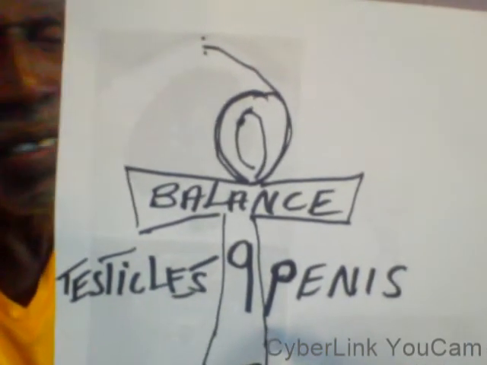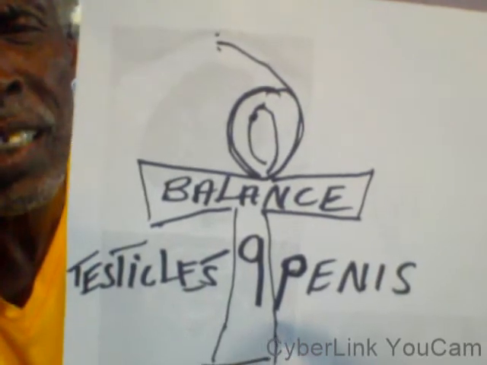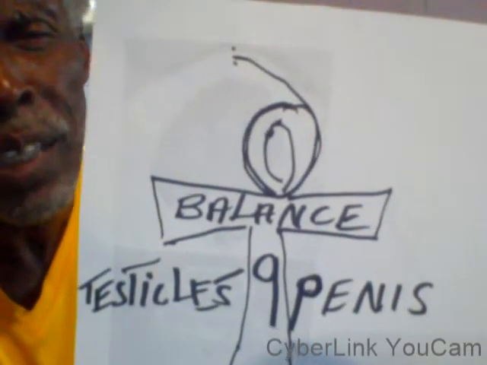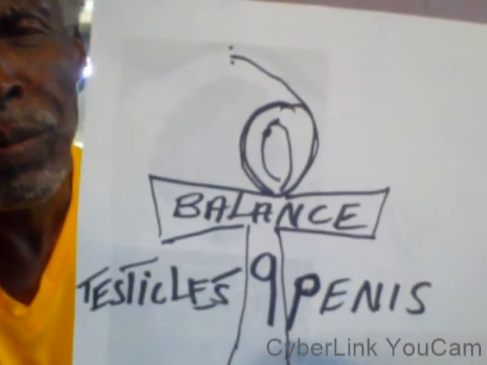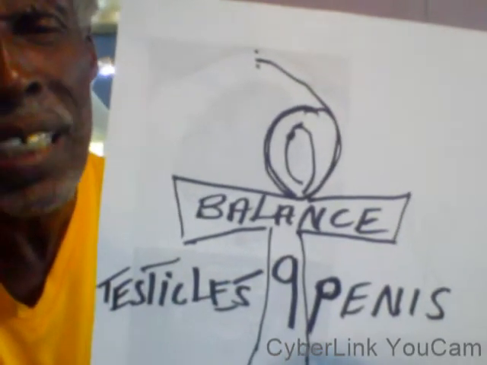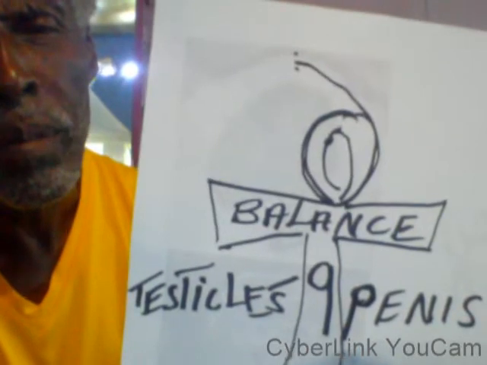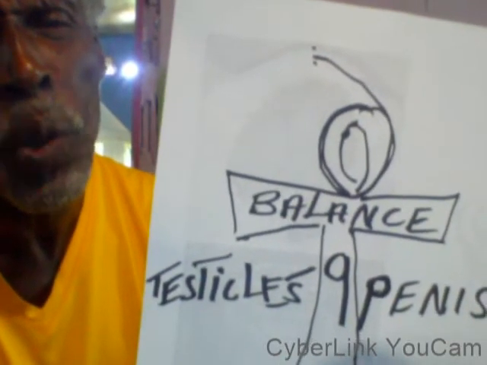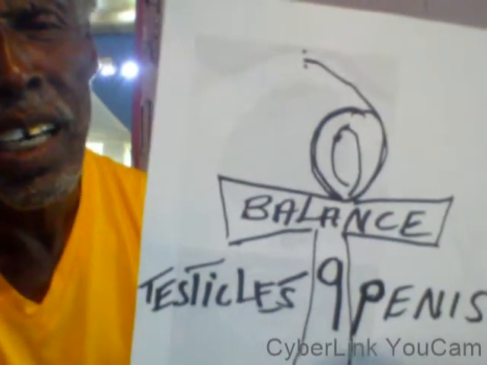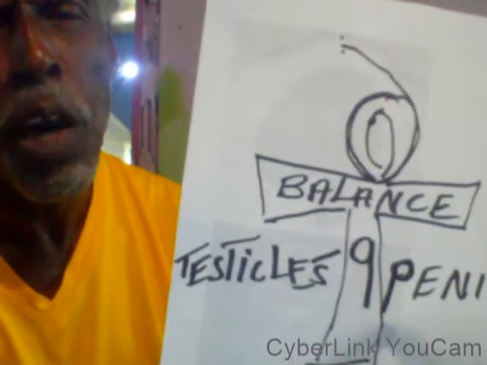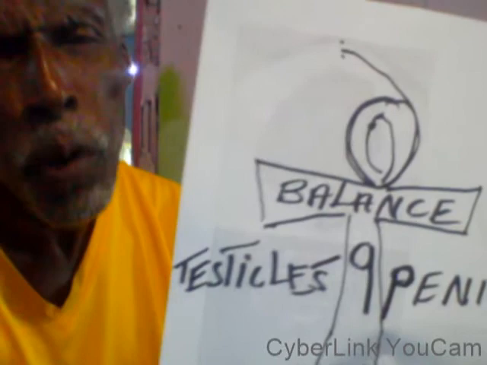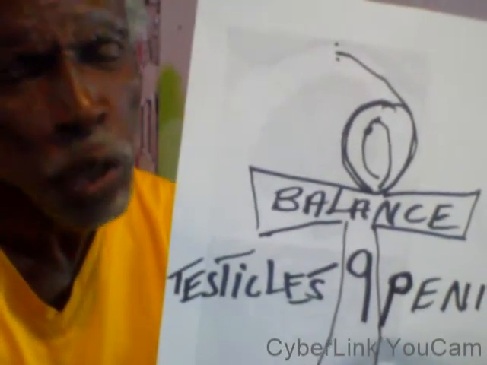The mystery, the science of the 3, the 6, and the 9, the only 3 numbers that oppose themselves. And opposition does not mean that it opposes itself to destroy itself. It just means that when it opposes itself, it goes hand in hand in order to make life a reality. Because you have a left hand that opposes a right hand. That does not mean to say it is out to destroy the right hand.